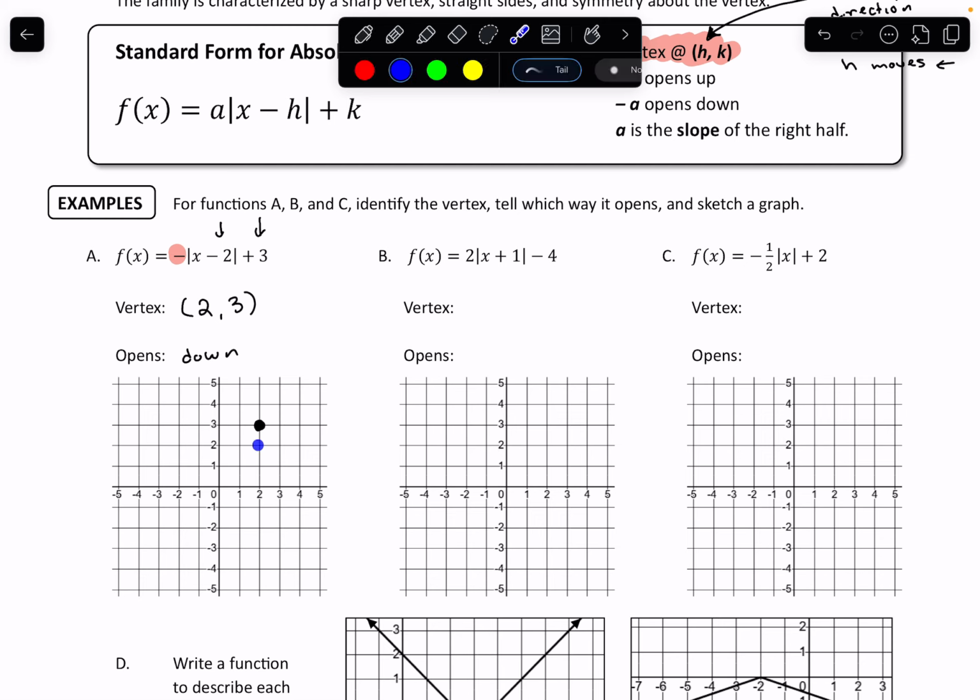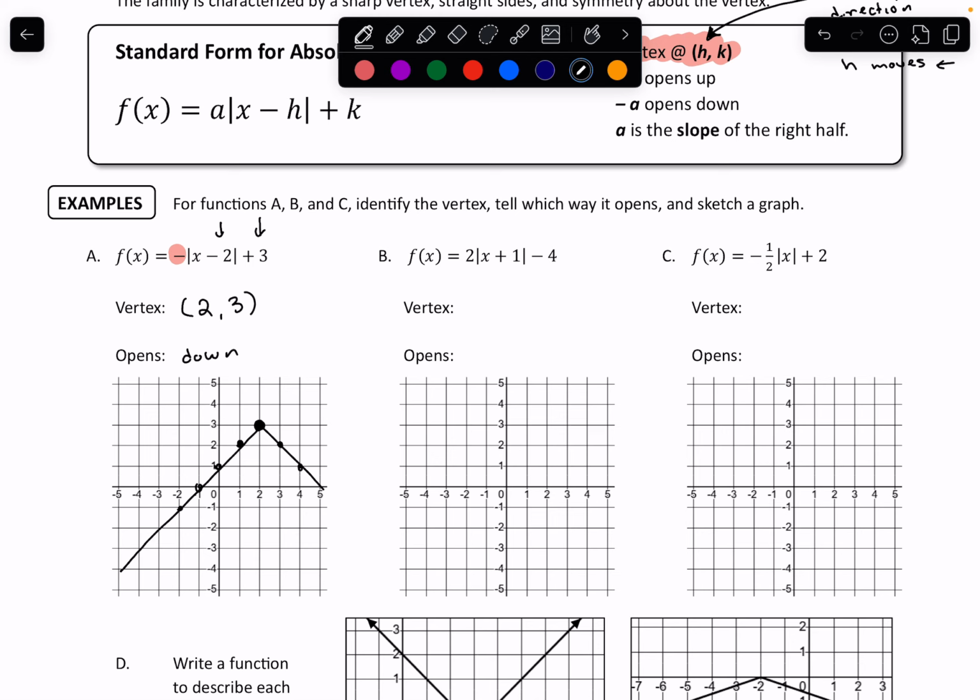So I'm going to go down 1 over 1 and put a dot. And I'm going to go down 1 over 1 again, because my function opens upside down. And then I'm going to do the same thing to the left, down 1 over 1 to the left, down 1 over 1 to the left. And I can do this as many times as I want until I'm ready to connect the dots. But your graph is going to end up looking something like this. It's an upside down V that's shifted to the right 2 and up 3.